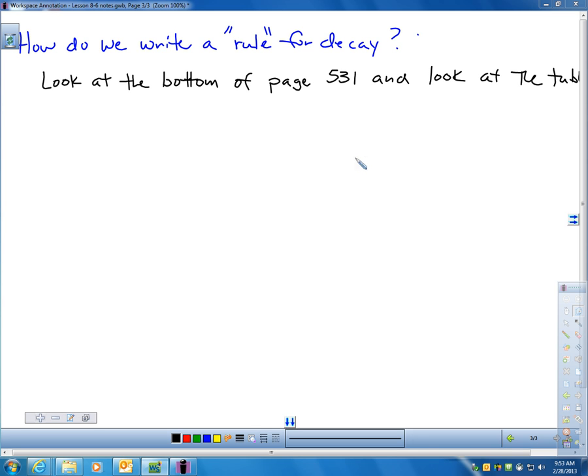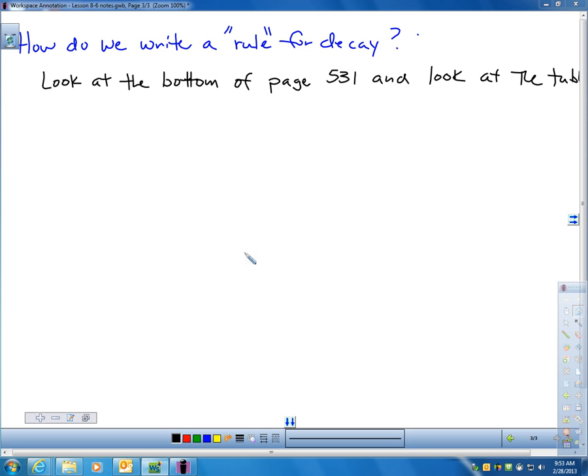Look at the top of page 531 where it says write a function rule. You can see in table A they gave us a sample of a growth exponential function, because you can see how in my table every time we add 1 for x we have to multiply y by 3. Since 3 is bigger than 1, b is 3, that means we have a growth function there.